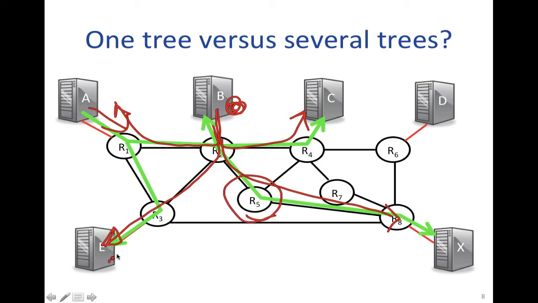So when everyone's sending a multicast, they could send them to R5, and then R5 would build a shortest path spanning tree to everybody else within the group. Now there's one shortest path spanning tree from R5, the rendezvous point, to everybody, and then everybody uses the normal unicast routing method in order to reach R5. So there's really a design choice in practice as to whether we maintain one tree or one for every source.